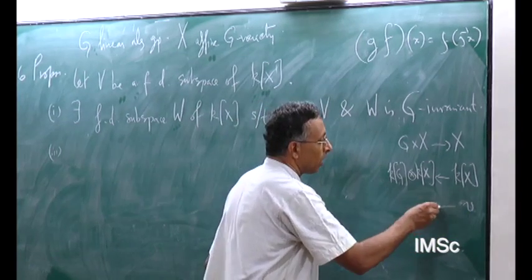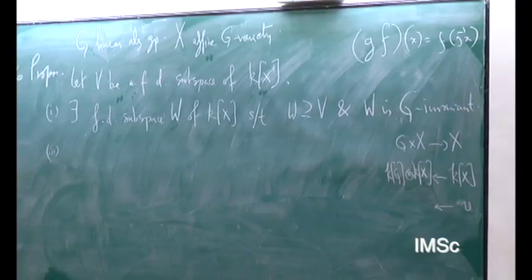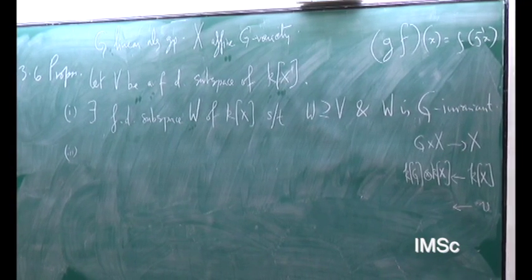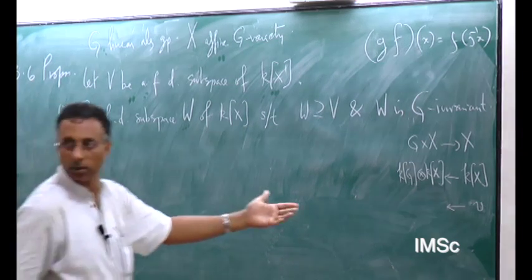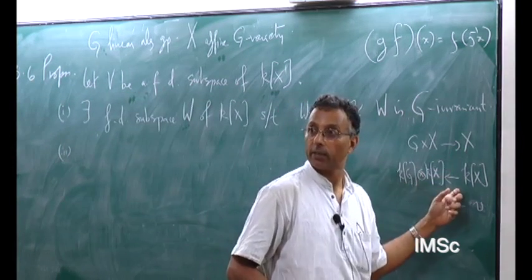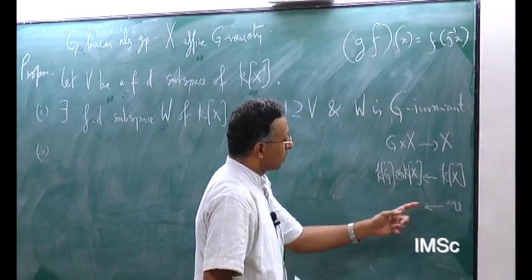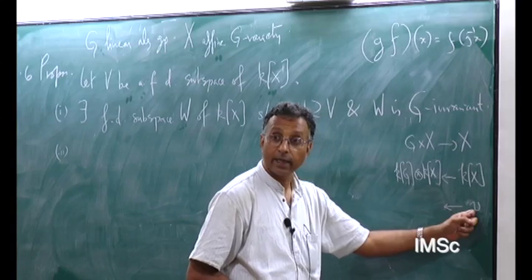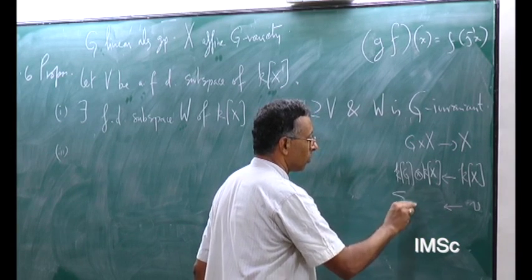Now I can look at where it goes under that co-map, right? This is the action map, this is the co-action map. The claim is V is stable if and only if I can write this like so.